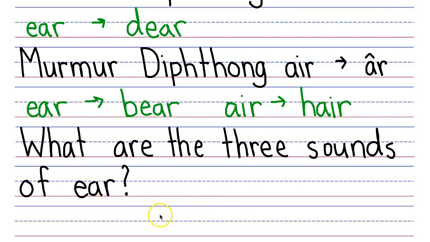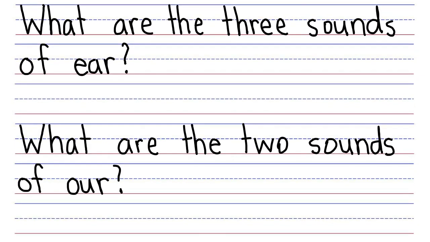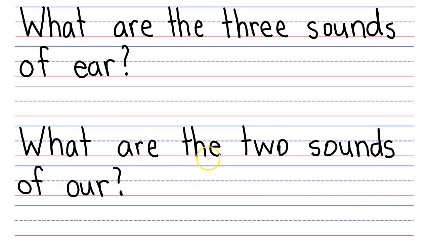So we can answer that pretty easily. Ear, air, er. Here's the next question about OUR. What are the 2 sounds of OUR? And that's easy. Our and or. So EAR says ear, air, er, OUR says our and or.